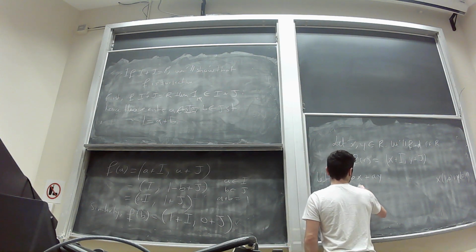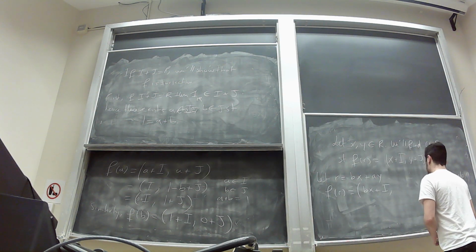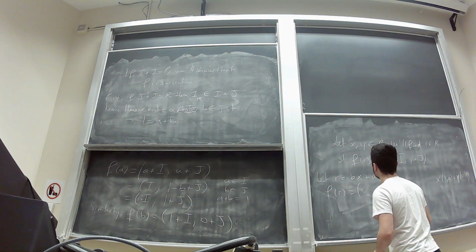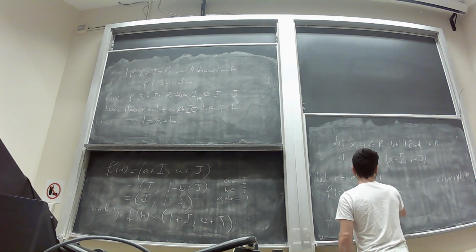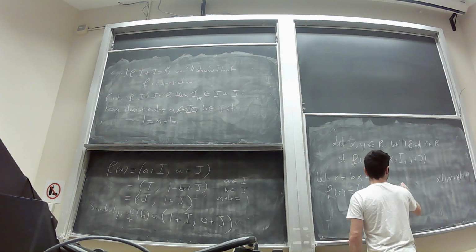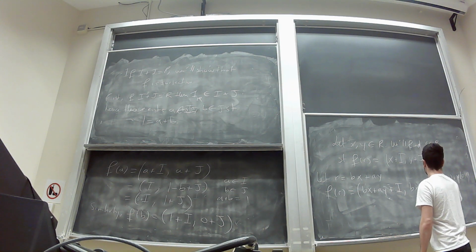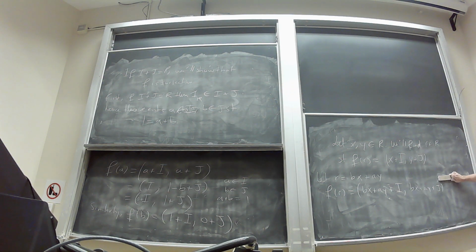What is f of r? f of r is bx plus ay plus I and bx plus ay plus J. Now b belongs to J, right?